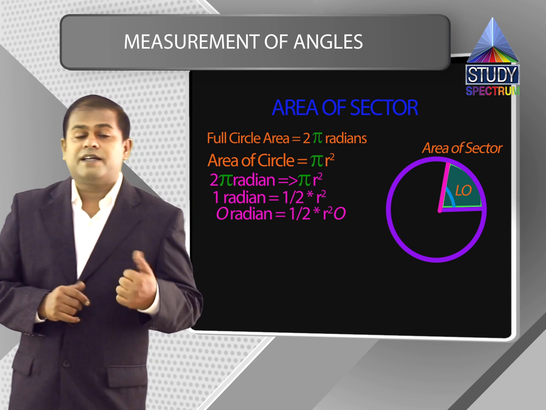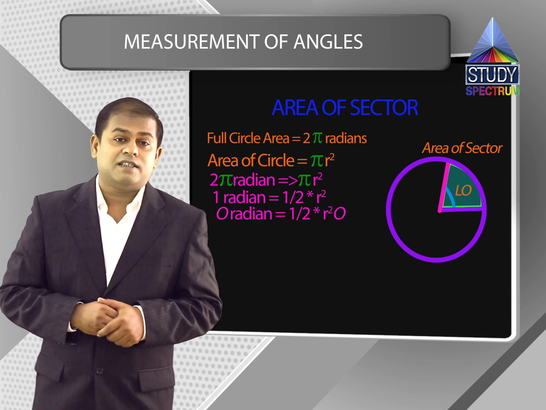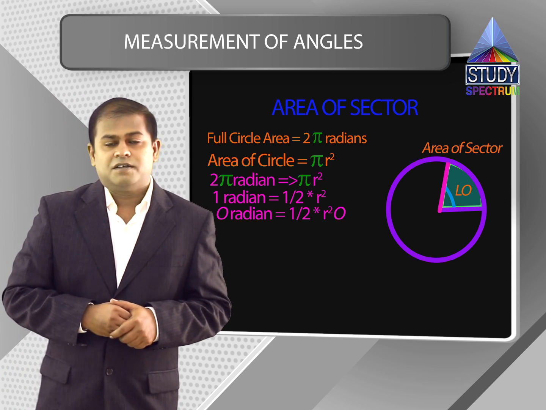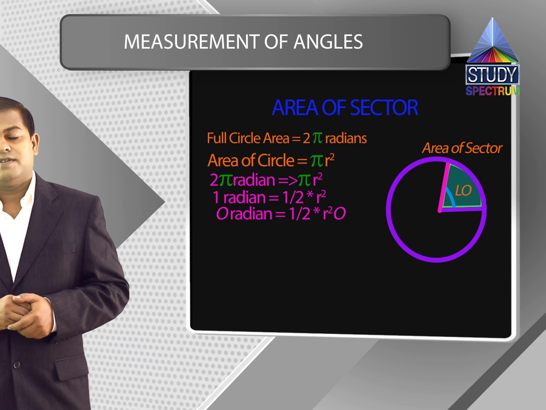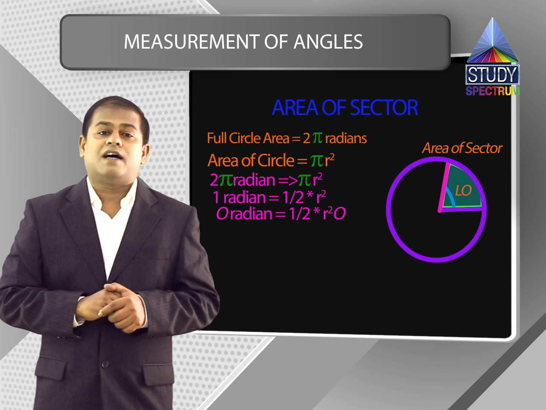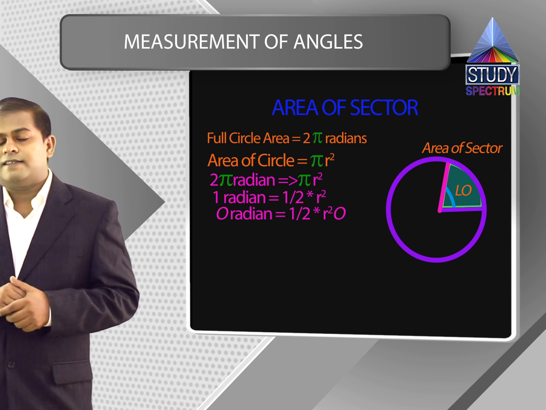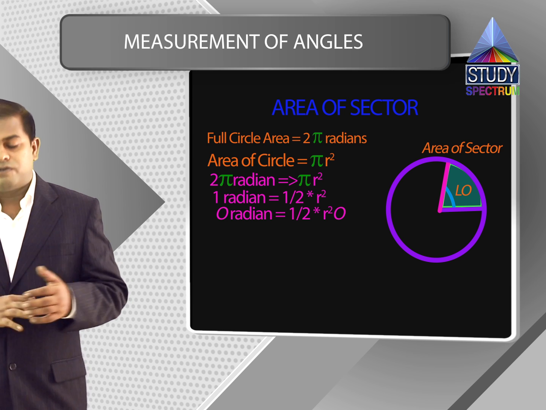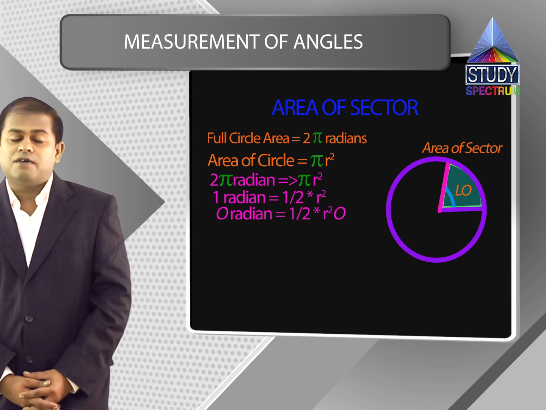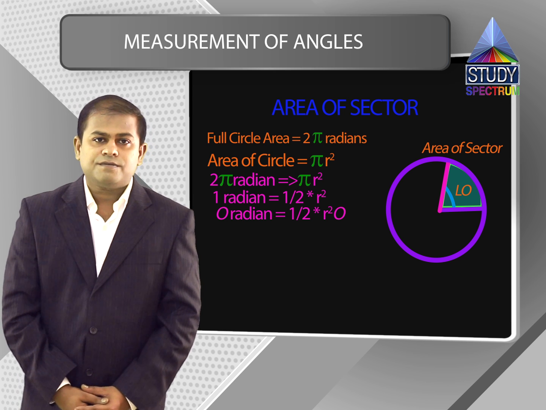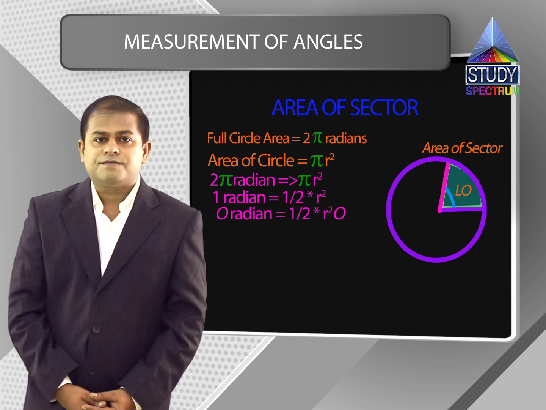We had a formula for area of a sector in junior classes also. There we measured the area of a sector as theta by 360 into pi r square. But there the angle was measured in degrees. Here our formula is half r square theta, and theta here is measured in radians, right? So from now onwards I'll say the area of a sector is given by the formula half r square theta, where theta is measured in radians. Okay.